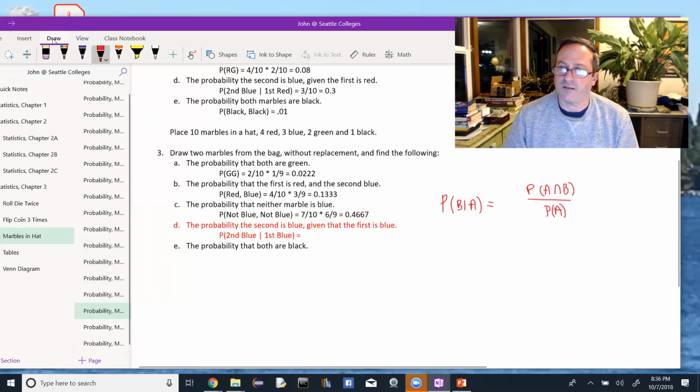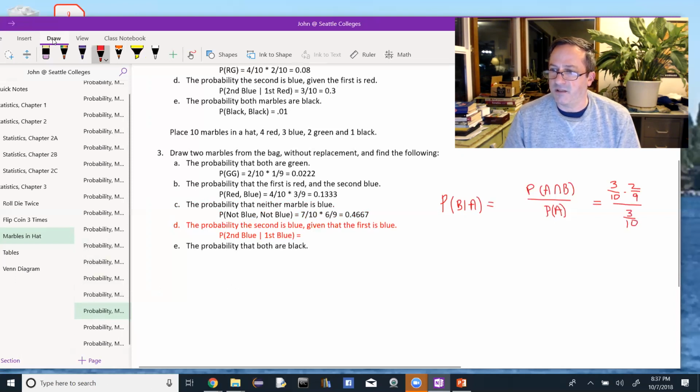So the intersection is that the first and the second one were blue. So the first one being blue is 3 out of 10. And then we would multiply by the probability the second one is blue, and that's 2 out of 9 because they're not independent. And then we would be dividing by the probability that the first one is blue, which would be 3 out of 10 again.